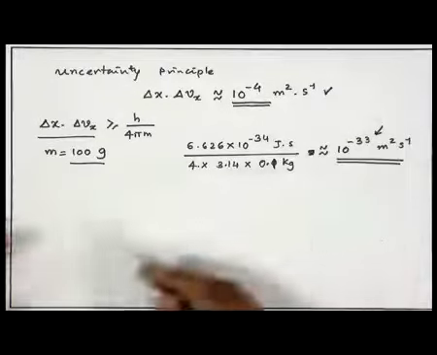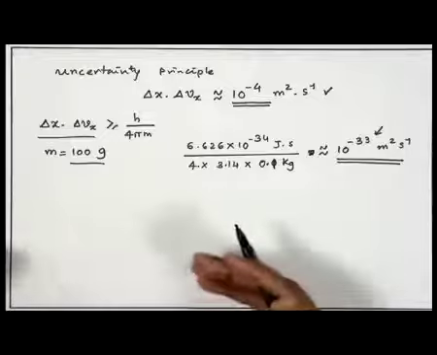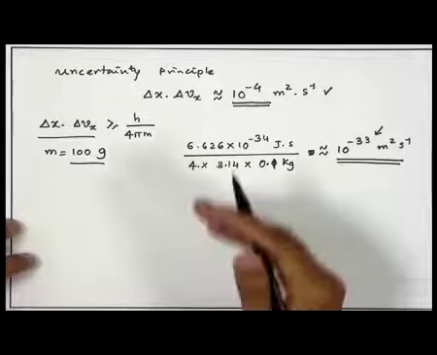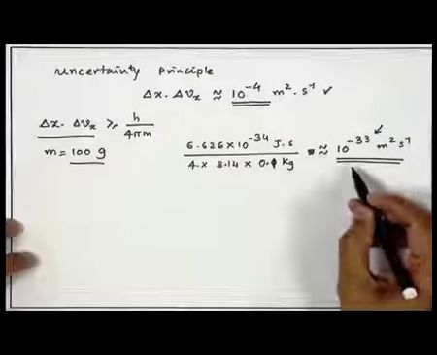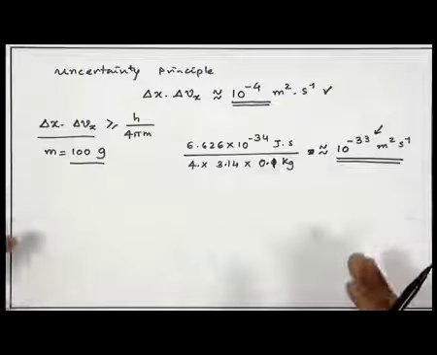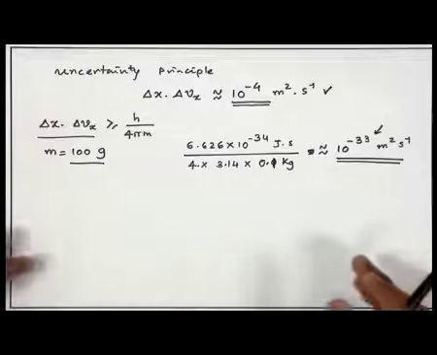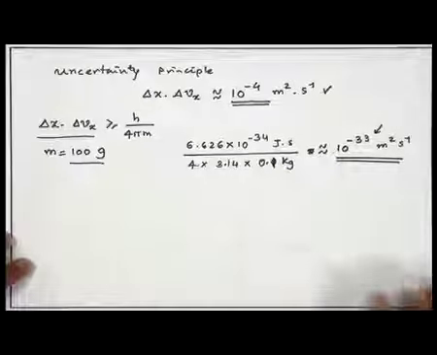The corrections coming out of the uncertainty principle only apply to the microscopic world. We can safely ignore the consequence of the uncertainty principle in the macroscopic world, the world that we see around us.